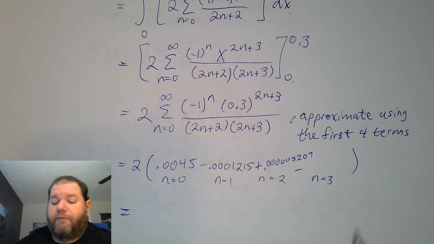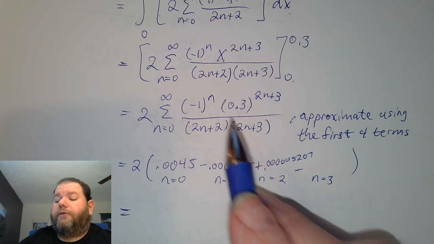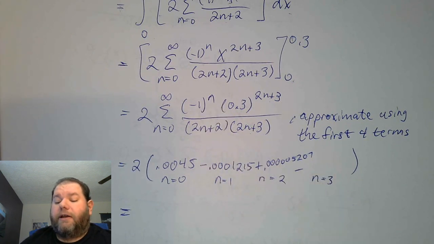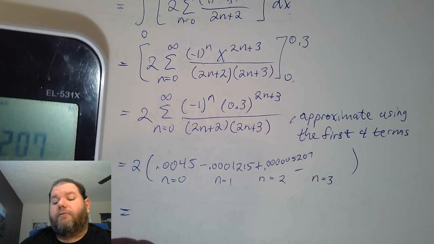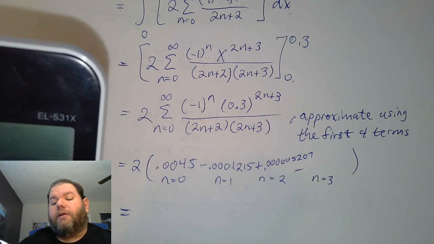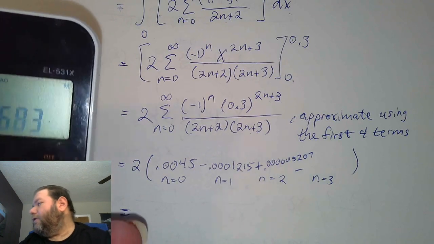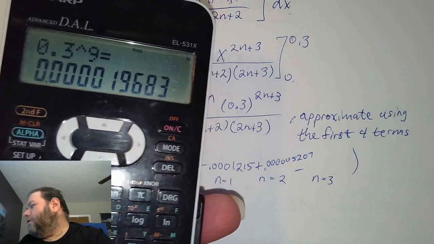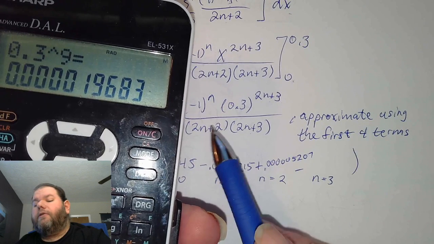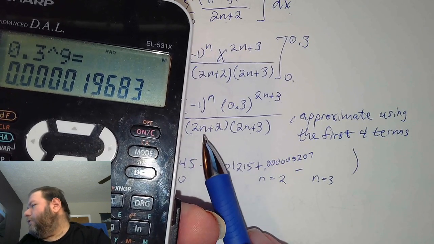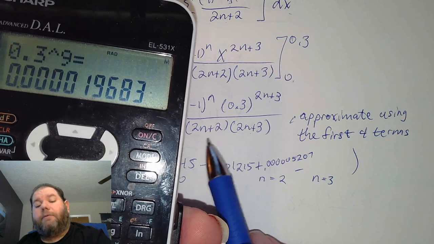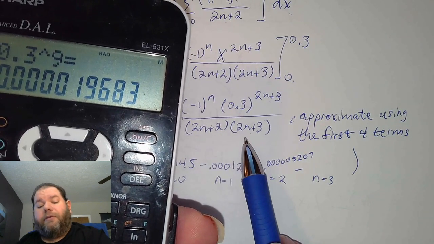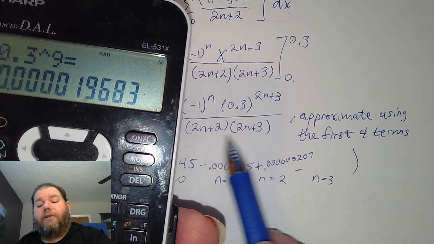Sorry for not leaving enough room here. n equals 3, that would be negative, since negative 1 cubed is negative. 2 times 3 plus 3 is 9, so we'll take 0.3 to the 9th. 2 times 3 plus 2 is 8, sorry. 2 times 3 plus 3 is 9, so 8 times 9 is 72.